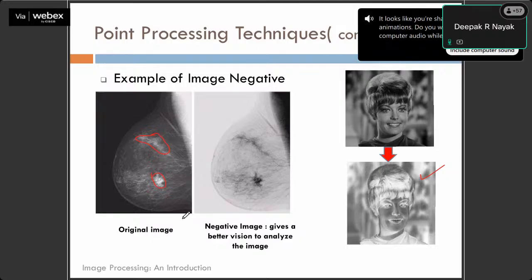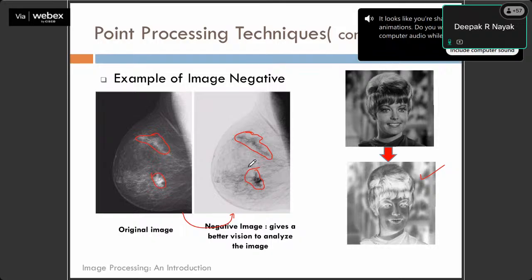If I take the negative of this image, the appearance is better and we can easily visualize these parts. These parts are more clear compared to this part. It is just the negative of this image, that means 0 has been replaced by 255, and 255 has been replaced by 0.